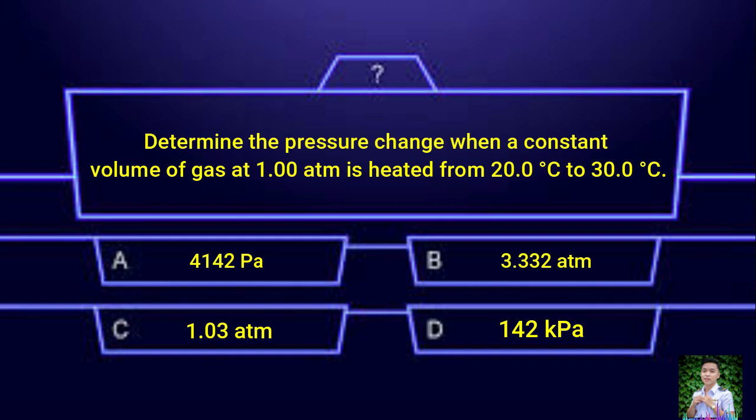Situation 2. Determine the pressure change when a constant volume of gas at 1 atm is heated from 20 degrees Celsius to 30 degrees Celsius. To start answering the situation 2, let us first put all the given data. P1 is equal to 1 atm.